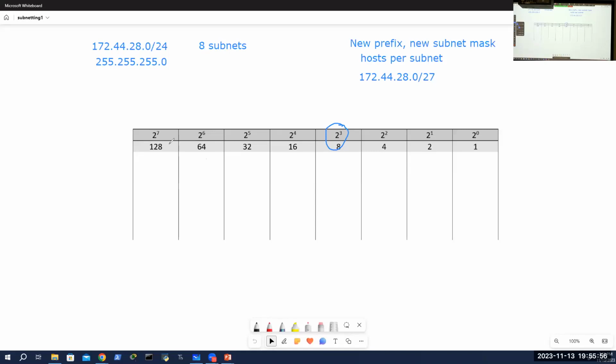So we just add that 3 to the 24 to get our 27. So we have extended our subnet mask from 24 bits, added 3, it's now 27 bits long. Now, does anybody else in Zoom, Johnny or Devin or Andrew or Jerry, have the new subnet mask?